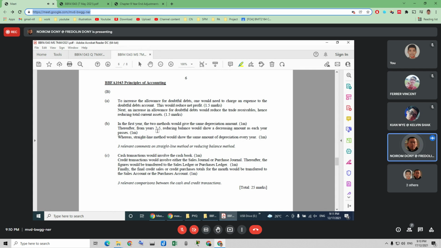From year 2 to 5, reducing balance would show a decreasing amount as each year passes. So that is the first difference, meaning you are explaining the difference between these two methods because the wording there is compare the above two methods over a period of 5 years.